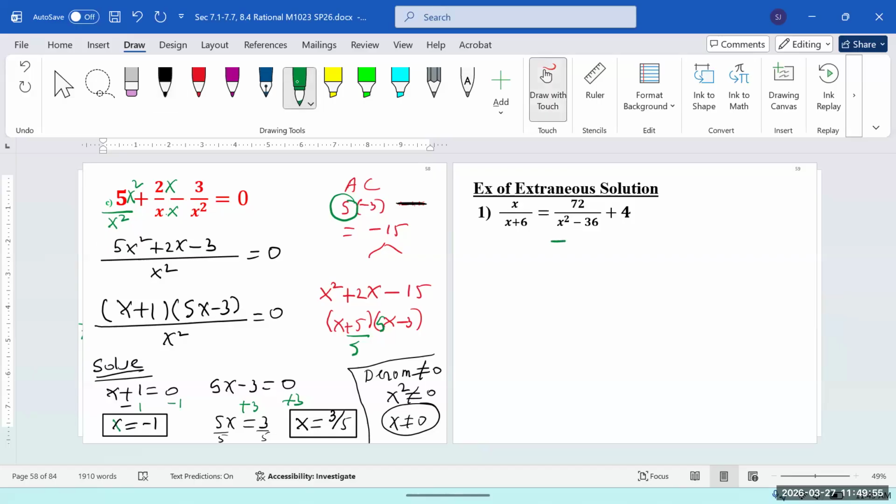We're subtracting this and we're subtracting this from both sides. So we have x over x plus 6, and we are subtracting 72 over x squared minus 36, and we are subtracting 4 equals 0. I'm too lazy to write all of them, so I just put subtraction.